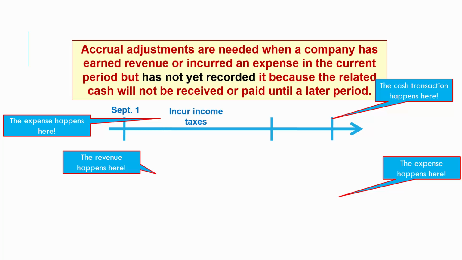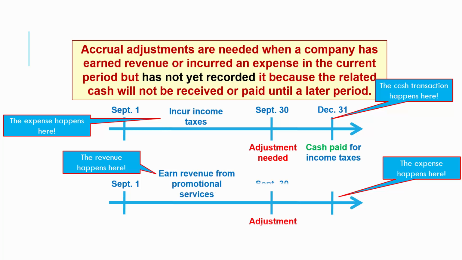Some of you probably paid your income taxes on April 15th, for example, and you paid your taxes on April 15th related to the previous tax year, which ended December 31st. So that was an example of this first one here. You incur your income taxes as you provide revenue, as expenses are incurred, and you actually pay for it at a later point in time. Okay, so you need to record some sort of adjustment on September 30th.